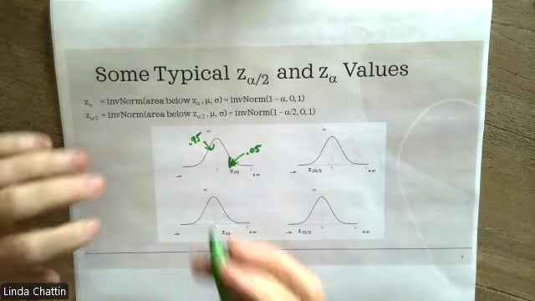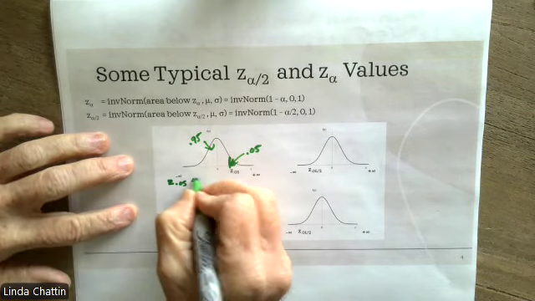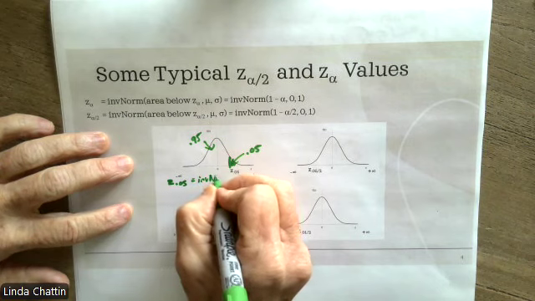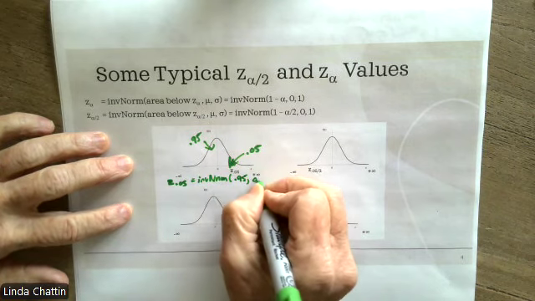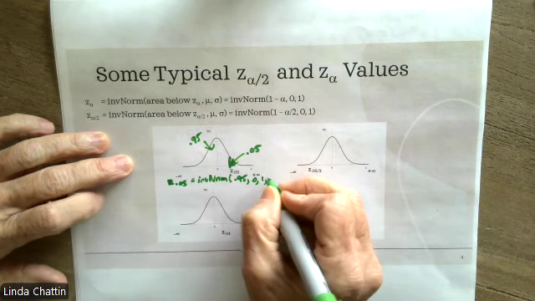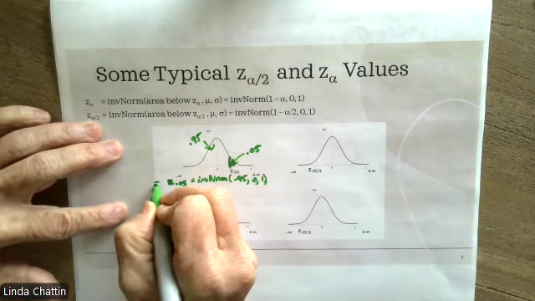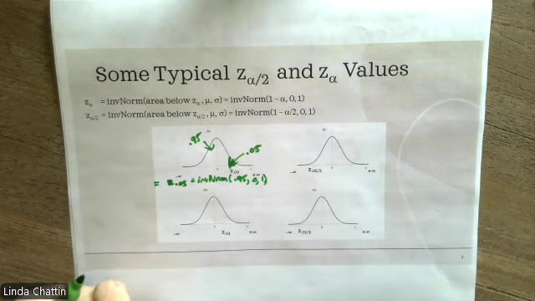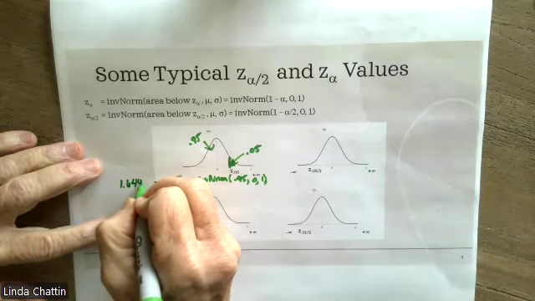So to get z of 0.05, I would do inverse norm, area below 0.95 for a mean of 0 and a standard deviation of 1. And what I will find is that it equals 1.6449.